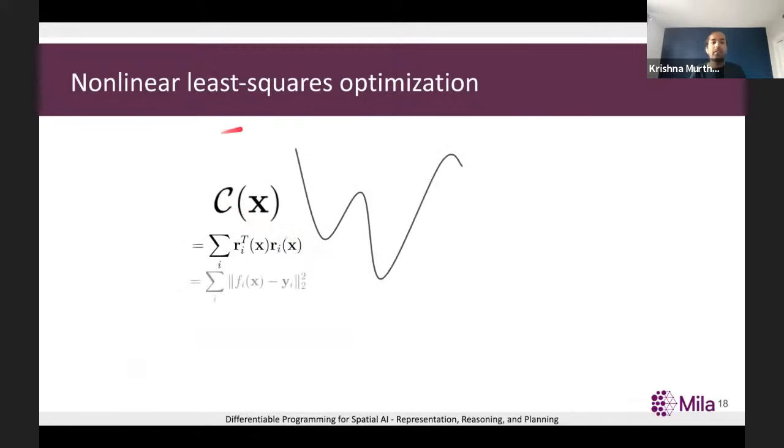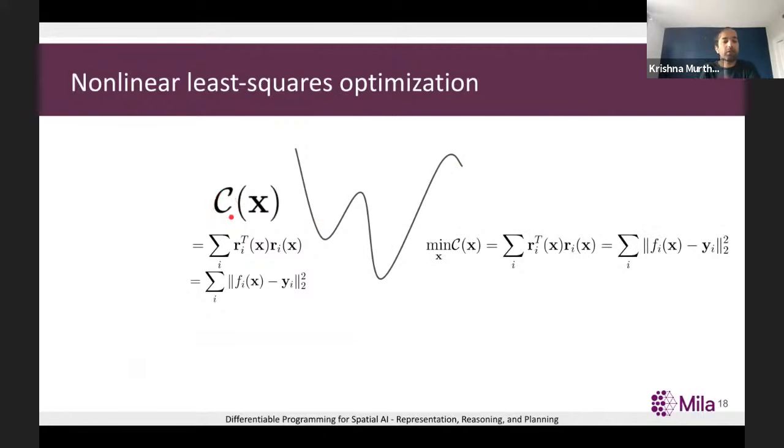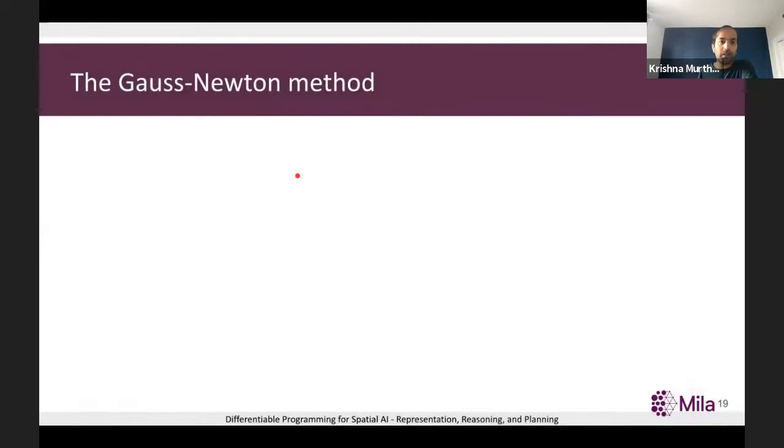And the idea is you have this very simple one-dimensional loss surface here for visualization purposes, and you have a cost function, which is a sum of square residuals. And the idea in nonlinear least squares is you just keep following the gradient until you reach a local minimum. And this local minimum might not necessarily be globally optimal. So your initialization plays a crucial role in nonlinear least squares.